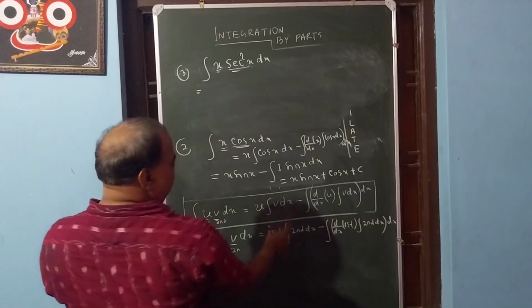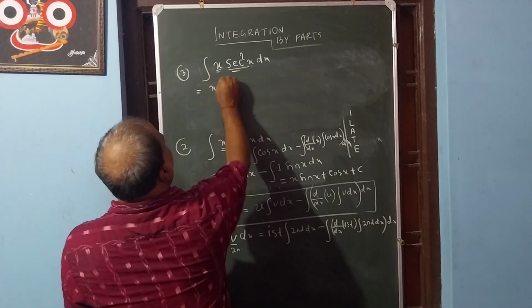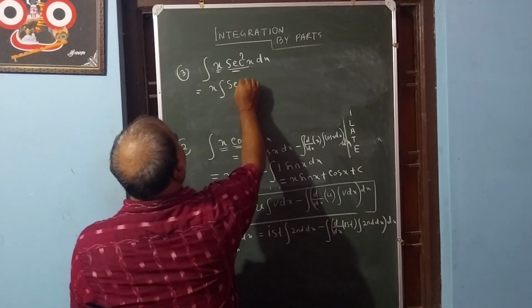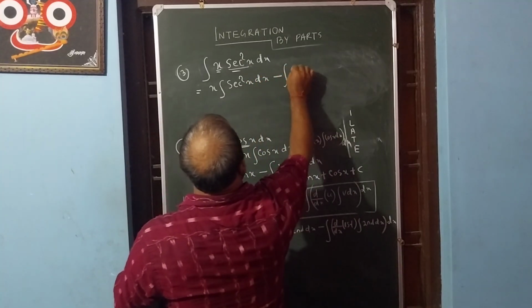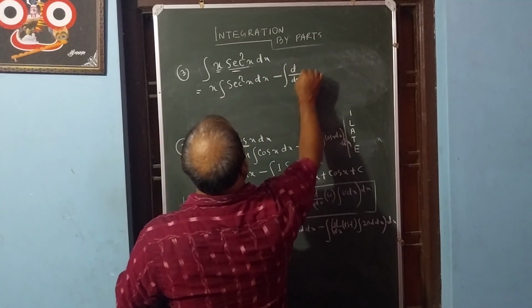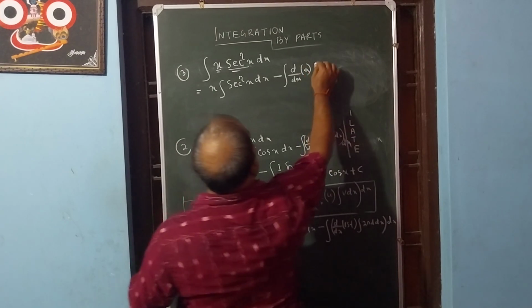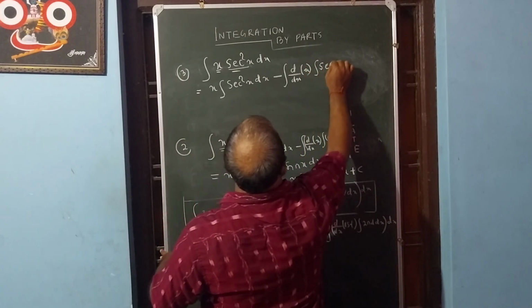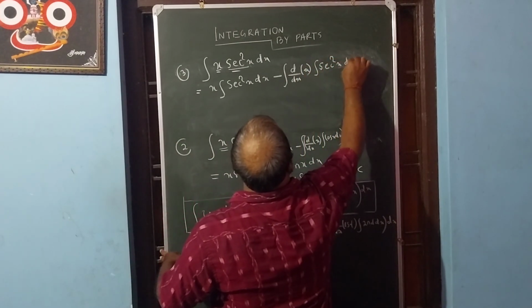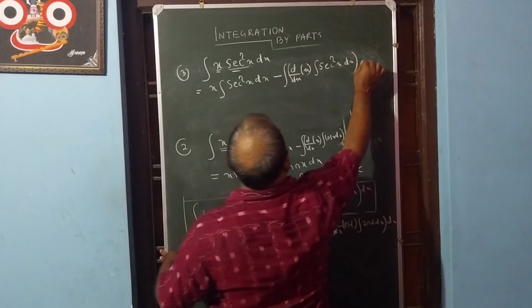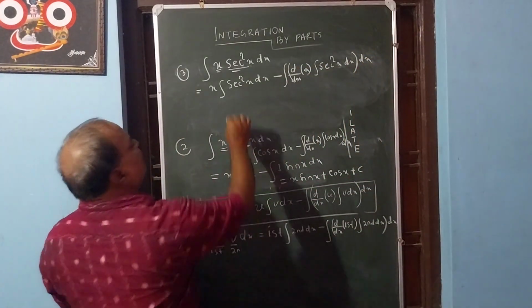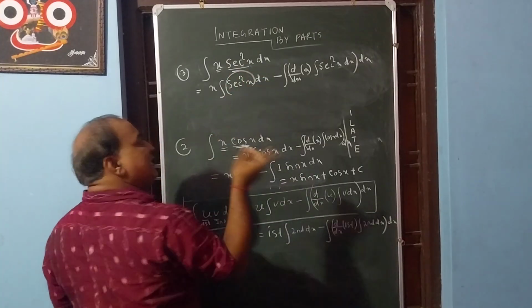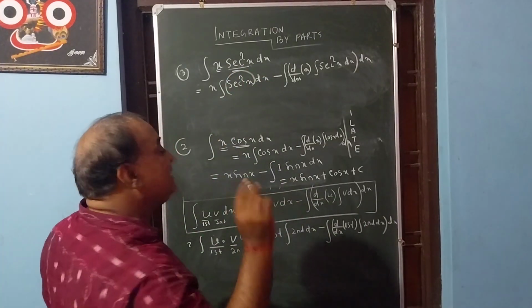So apply the formula. First means x, integration of second means sec square x dx, minus derivative of first, integration of sec square x dx, whole into dx. Okay, we know whose derivative is sec square x. So the integration of sec square x is tan x.